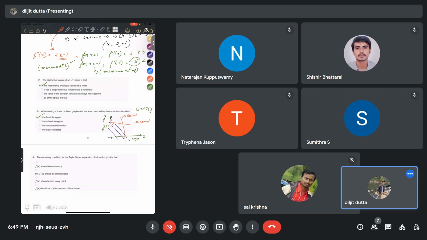So this shaded area that falls inside all the constraints is called the feasible region. This is graphically shown. The area bounded by the constraints is called the feasible region. The other parts, outside the constraint region, are called the infeasible region.